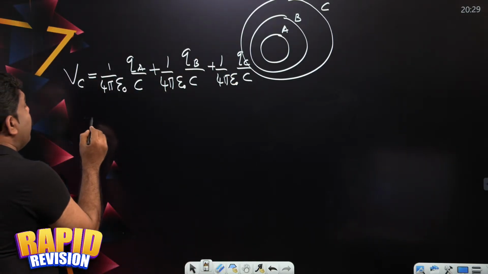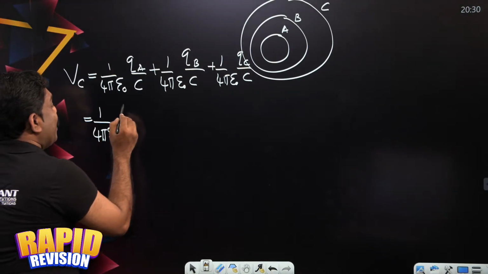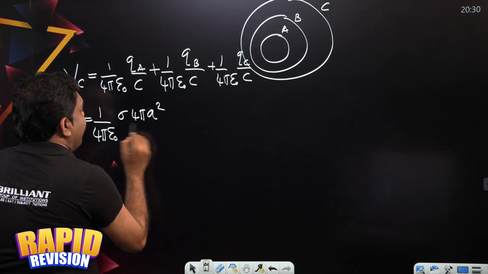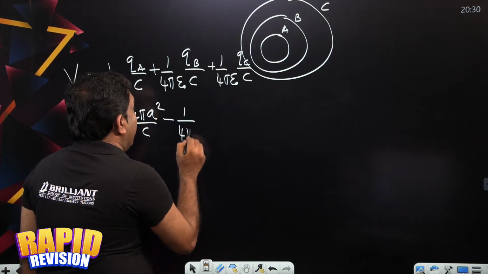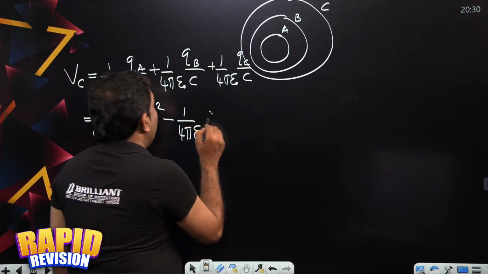Now we are substituting the values. 1 by 4 pi epsilon 0 QA, which is sigma 4 pi A square, by C, and minus 1 by 4 pi epsilon 0 QB. What is the QB value?